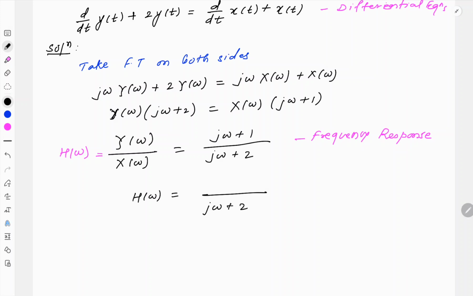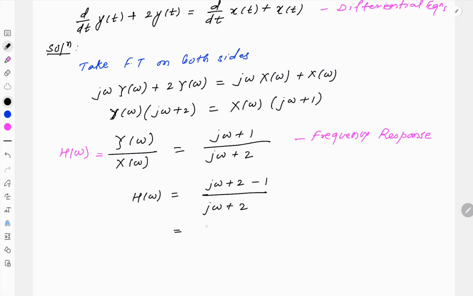If it is a normal quadratic equation, then you can go with partial fraction expansion and find the inverse. But here it is a simple example, so we just do a certain arrangement and get the answer. In the numerator we write j omega plus 2 minus 1, which gives j omega plus 1 itself.